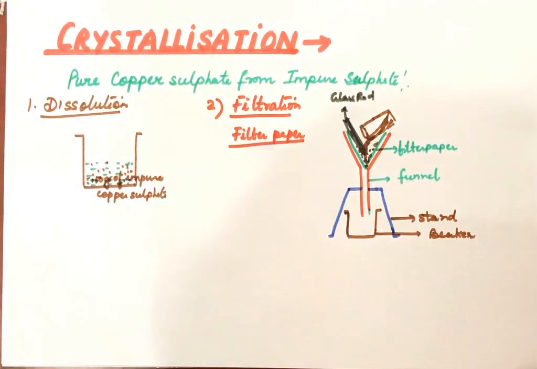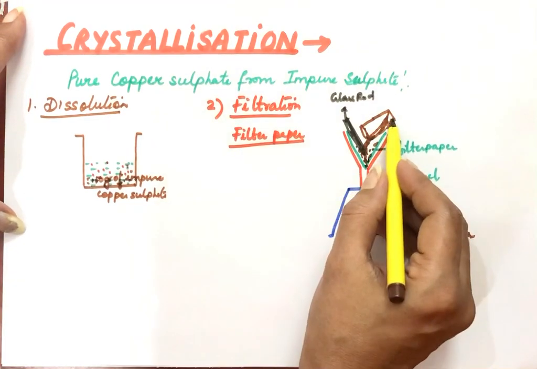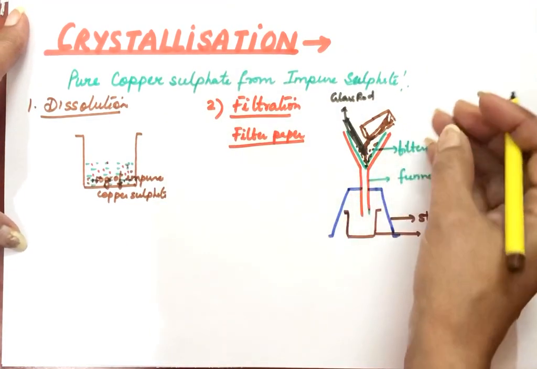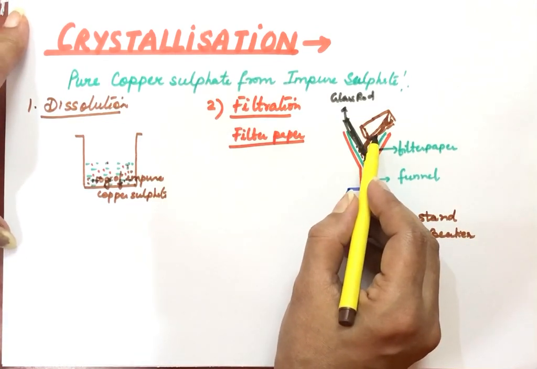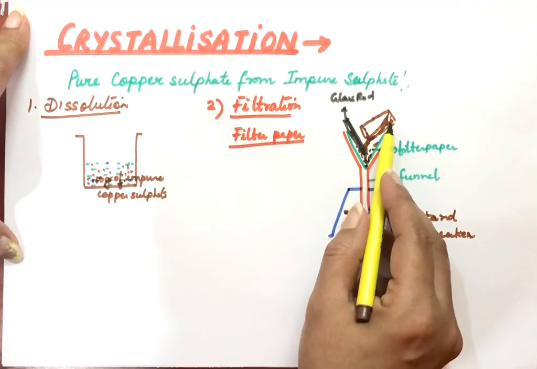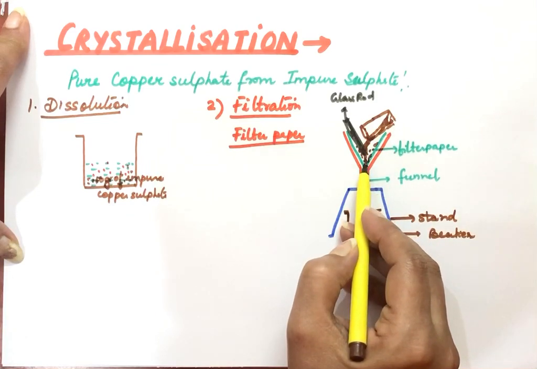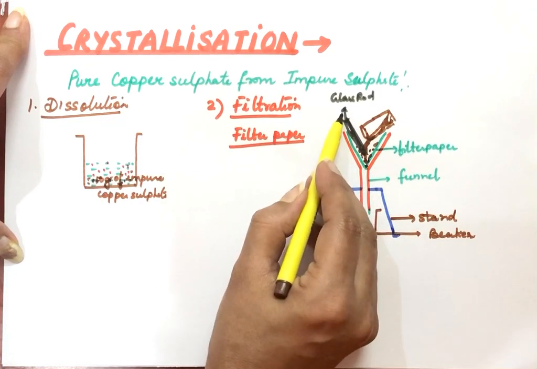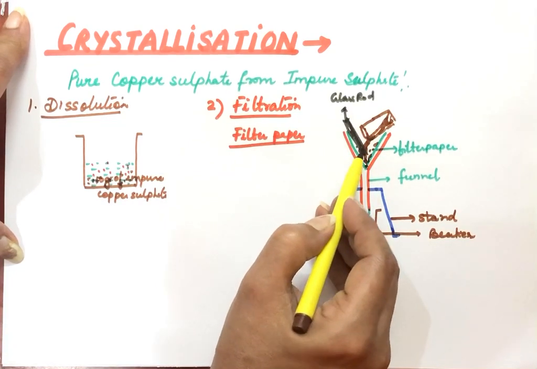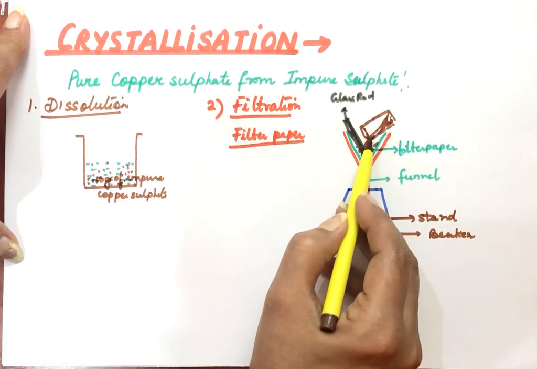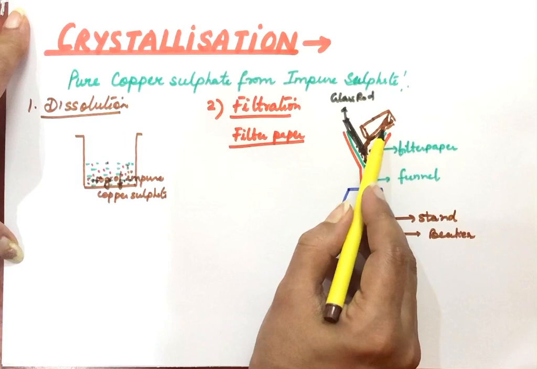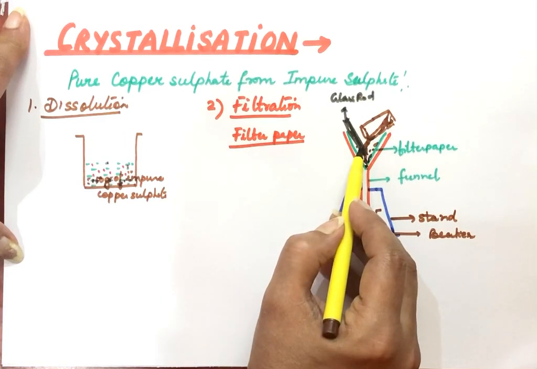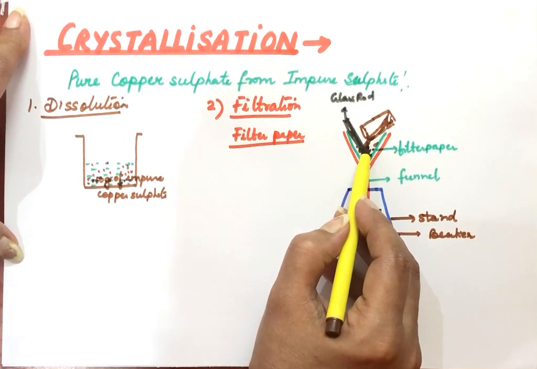What is the use of this glass rod? Why do we pour the solution through the glass rod and not directly into the filter paper? Because sometimes the solution can be hot, it can be cold also. When this hot or cold solution falls into the filter paper, since it's a very thin paper, it can tear. When it passes through the glass rod, the temperature of the solution comes to normal. The rod will absorb the extra heat, or if the solution is cold, it can give its heat to the solution, so it will be at normal temperature.